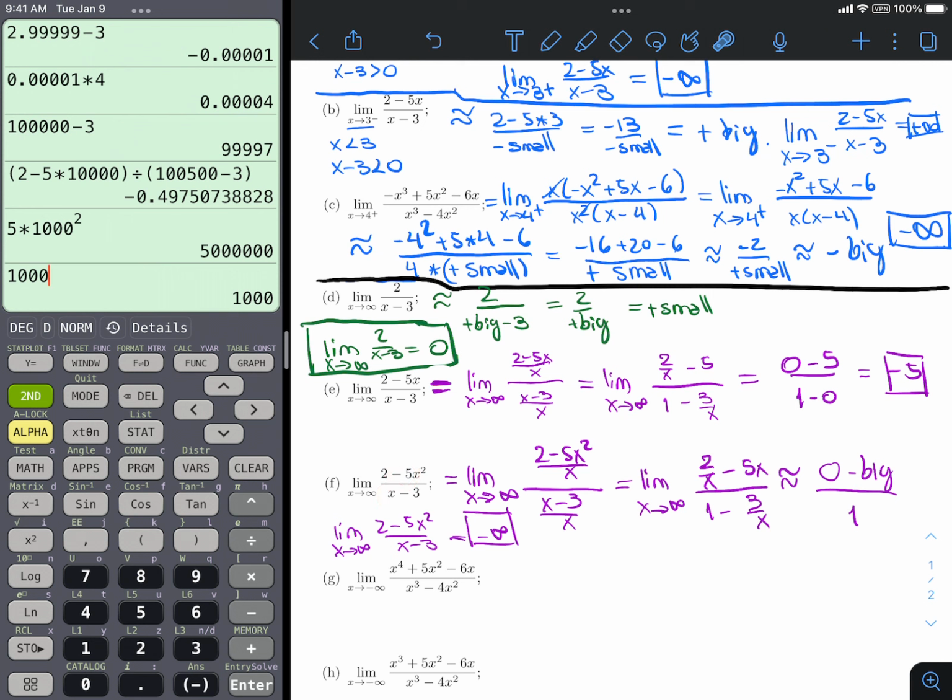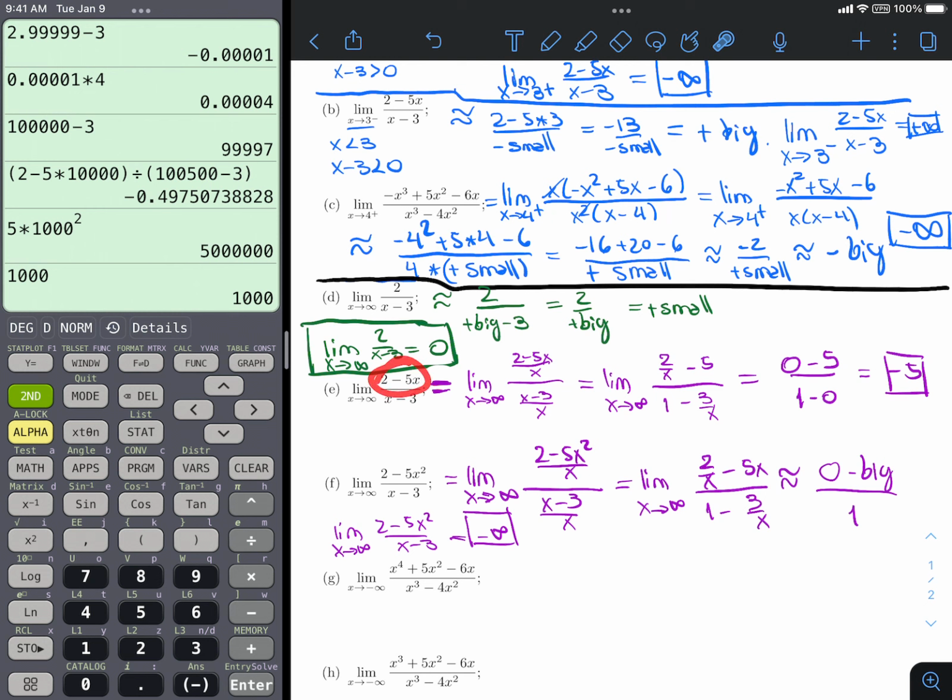Now for item E, you have something big times 5 and something big at the bottom. So they're both big, and they're big at the same order. The powers are the same, so the two big things kind of cancel.